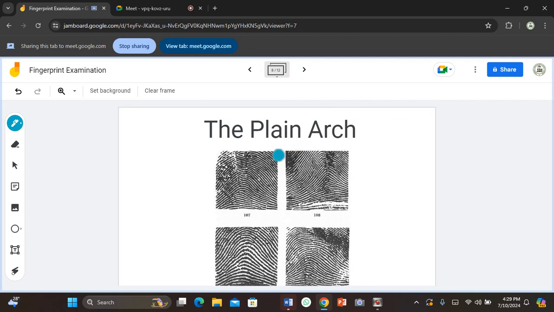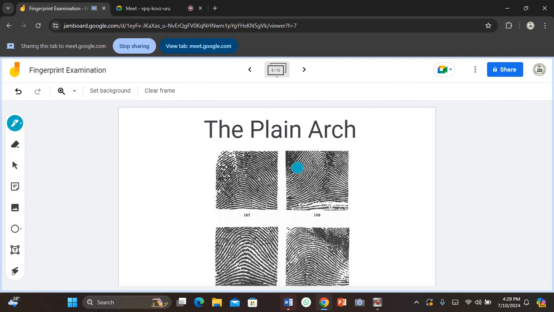Now, also, you have a plain arch. We talked about plain arch the other time, but let us explain further some things that you may not have talked about. Now, we said we have plain arch.